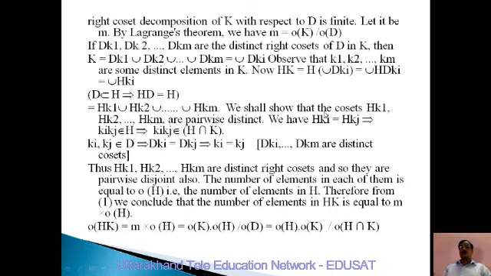Now we have to show Hk1, Hk2, and so on Hkm are pairwise distinct. For this, suppose Hki equals Hkj.